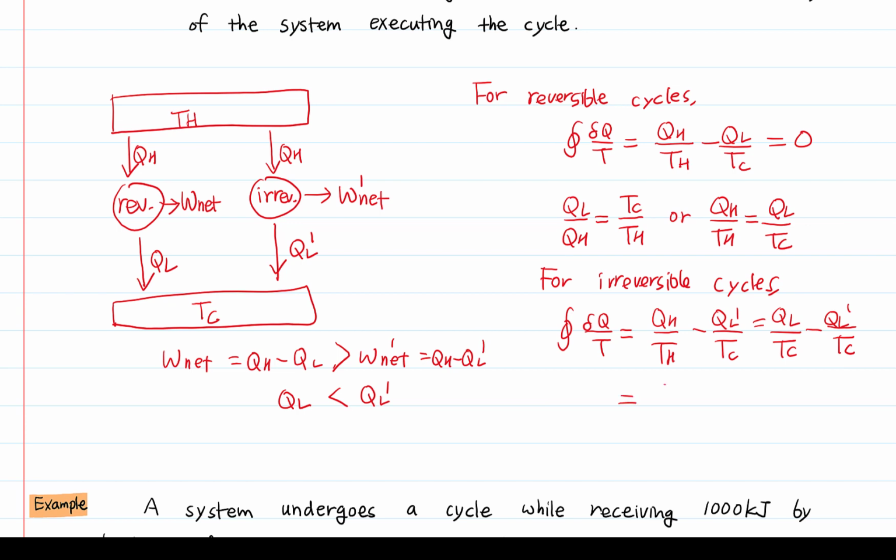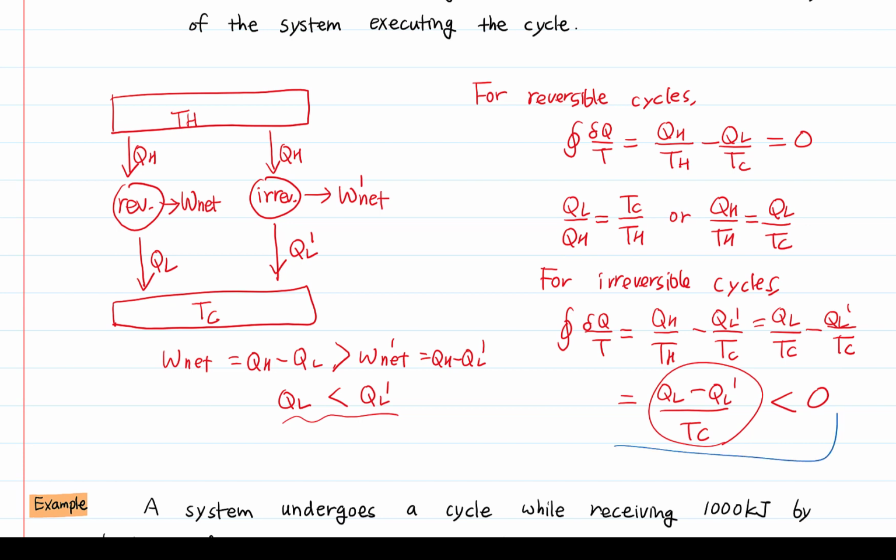And rewrite the equation with QL minus QL prime over TC. From here, we know that QL is less than QL prime. So we know that this value is less than 0.